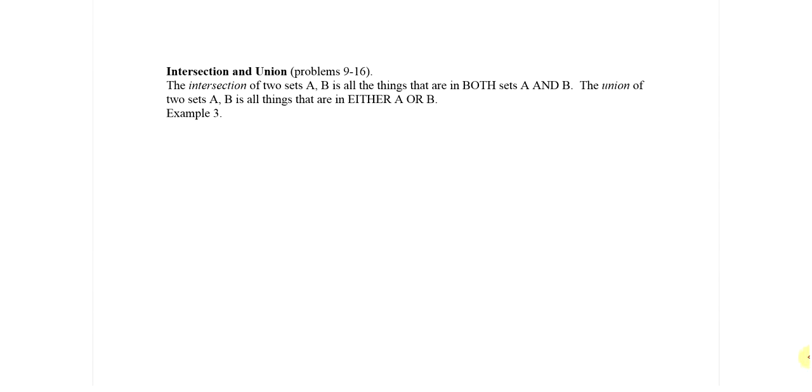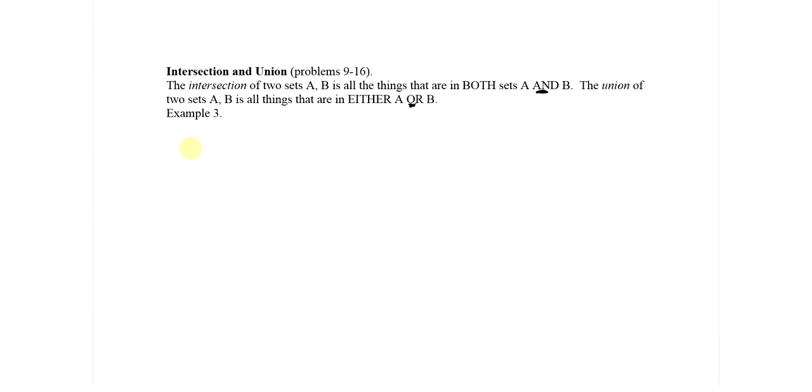Intersection and union. So the intersection of two sets is all things that are in both sets A and B. The union of two sets is things that are in either A or B. Intersection, think and. Union, think or. And when we say either A or B, it means A or B or both.